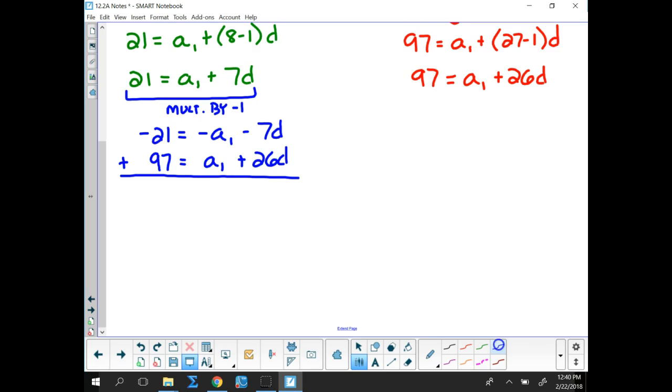76 is going to equal 19d. So d is equal to 4.